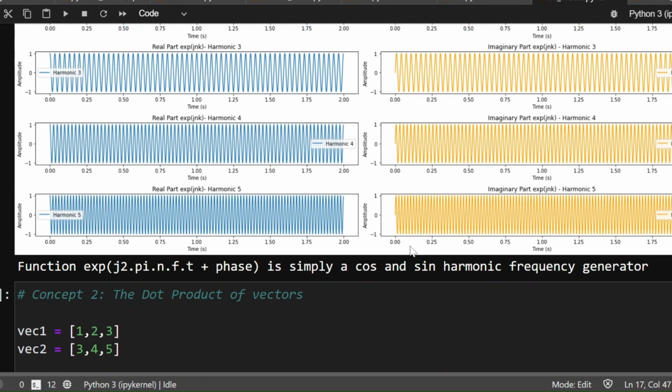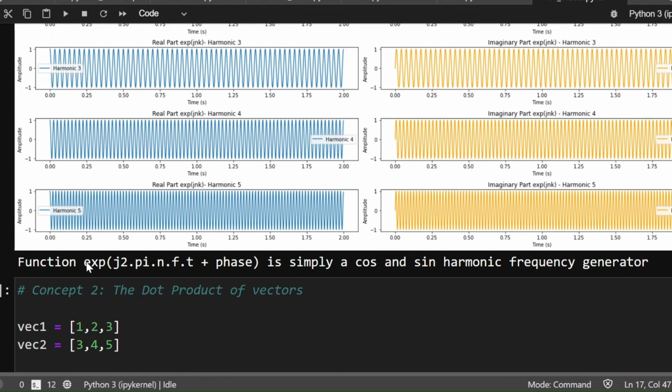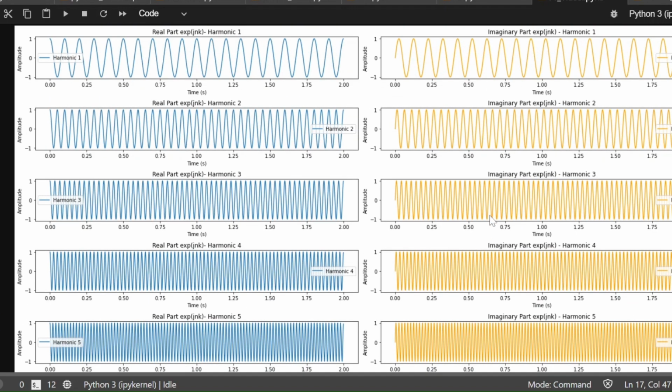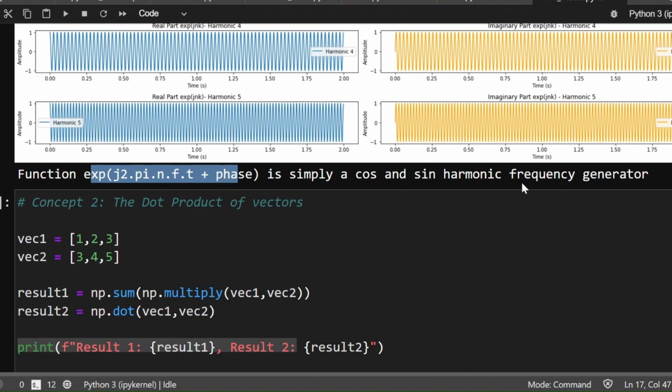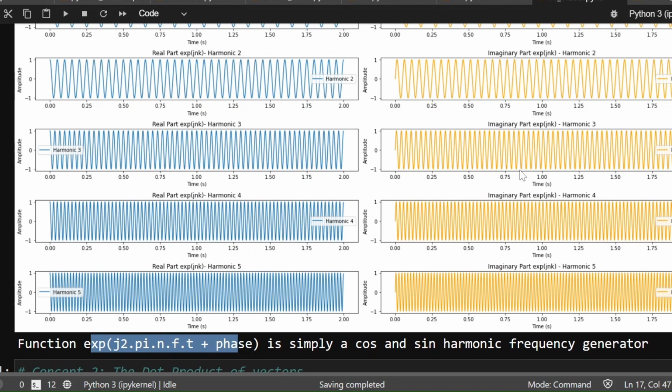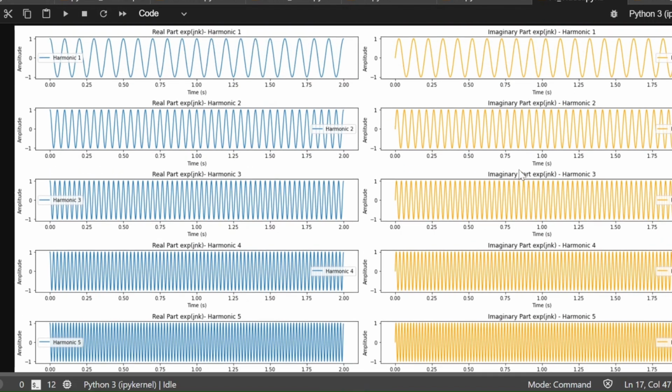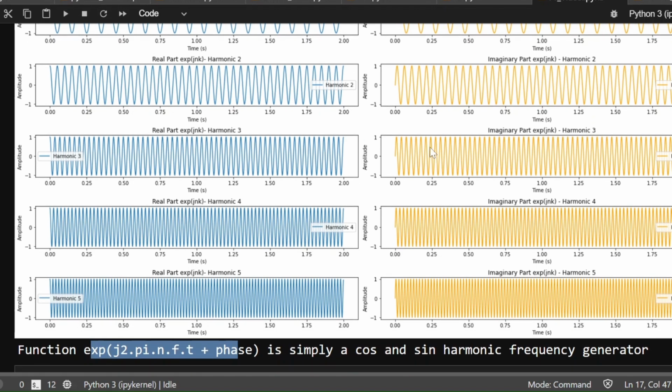This confirms our intuition that when we put a multiple n in a complex function having an imaginary part inside it, which is just generating harmonics, this entire function becomes an oscillator. An oscillator generating multiple frequencies in sine and multiple frequencies in cos, both related harmonically. Now this is a very, very, very important discovery, and we will use this in the discrete Fourier transform when we see the equations there.